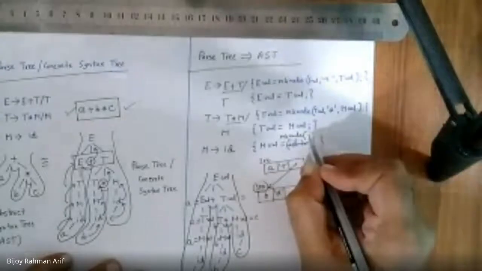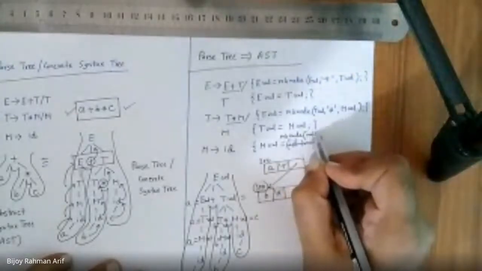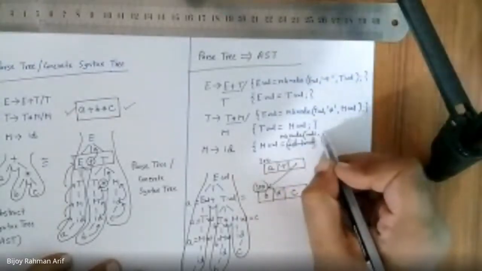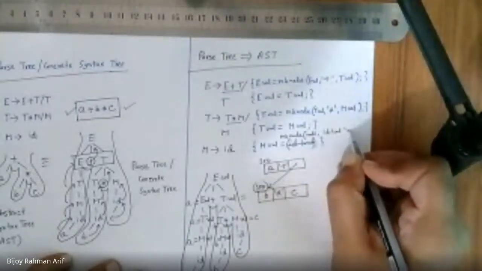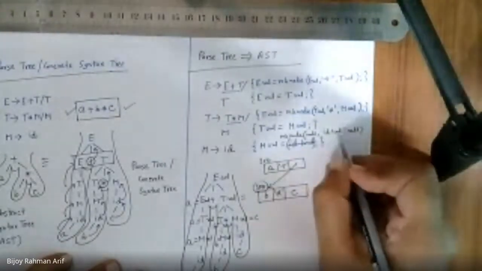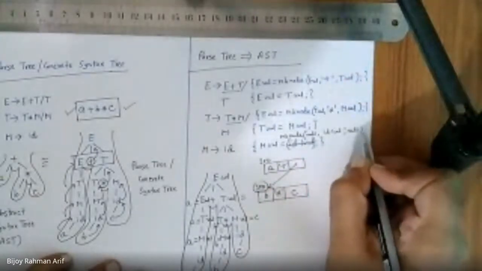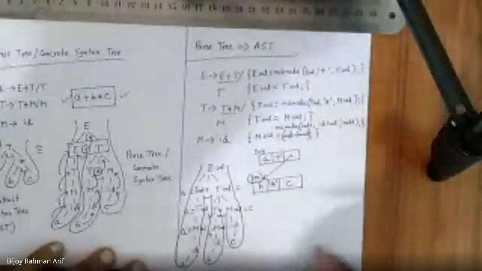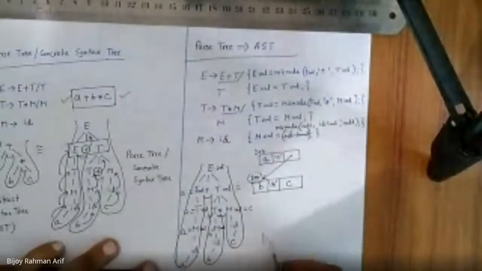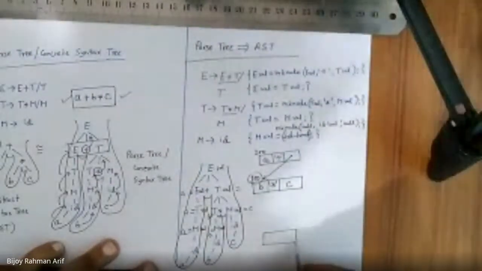mknode, this one is null, then this one is actually ID dot lval, and this one is null. You can also write this if you want to avoid the complete implementation. Then it would be like this.